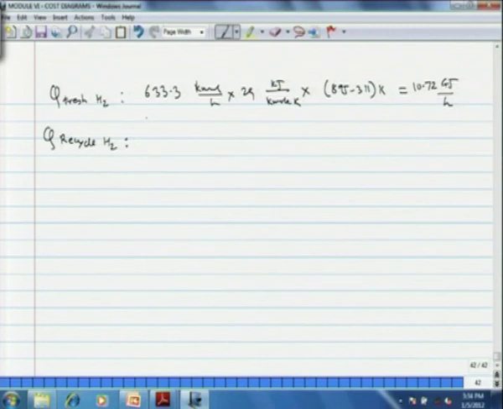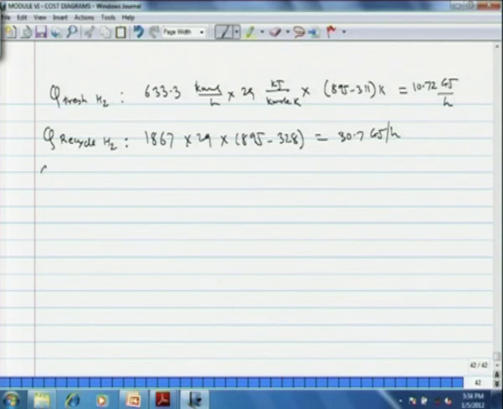It is pretty straightforward. Recycle hydrogen 1867 kilomole per hour, 29 the heat capacity, and the same temperature 895, but from 328 Kelvin. This turns out to be 30.7 gigajoule per hour.